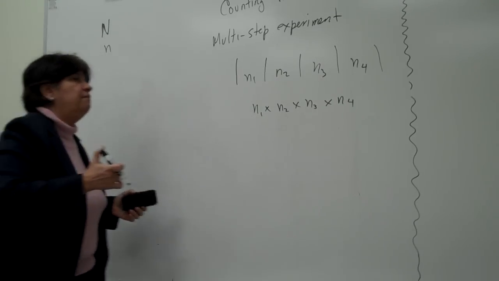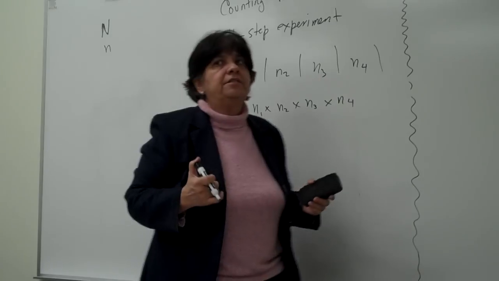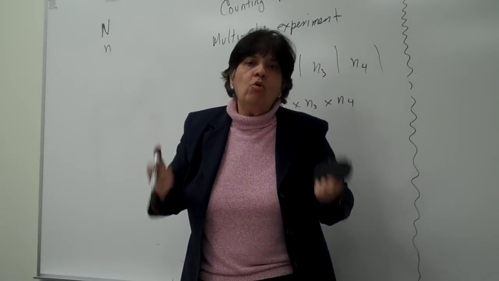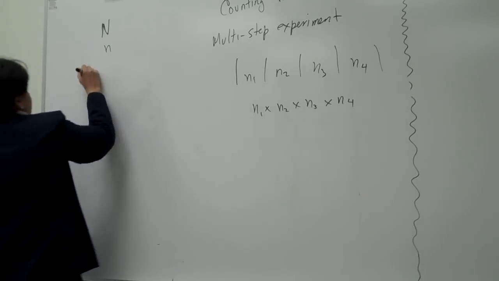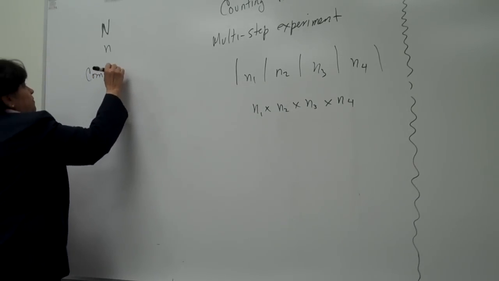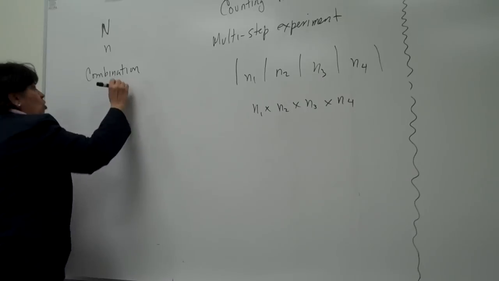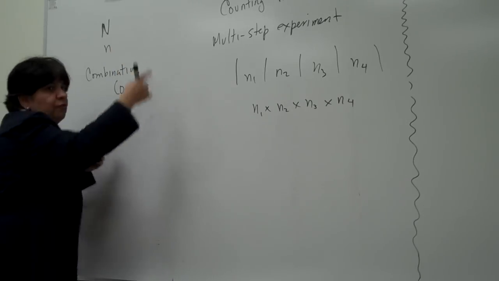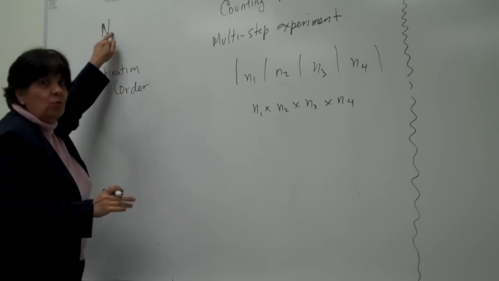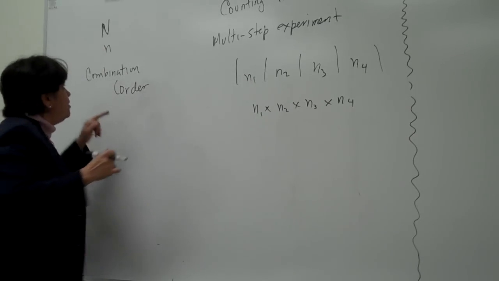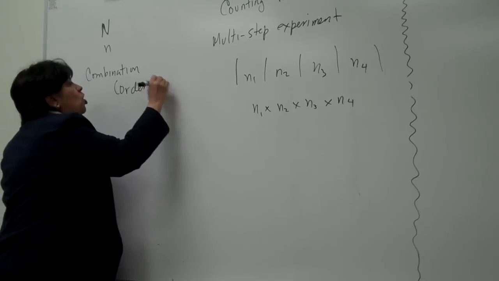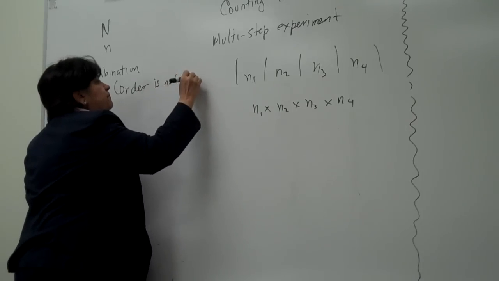Now, if the order is not important, we call it combination. The order of these objects that we are going to get from these capital N objects is not important.